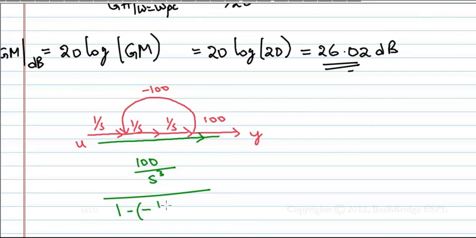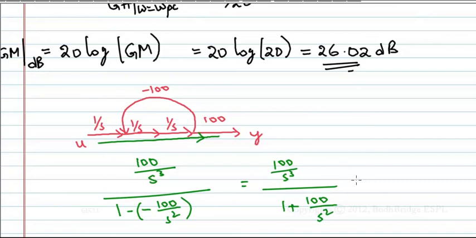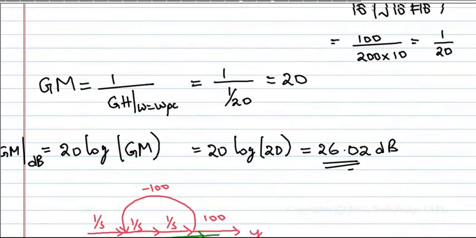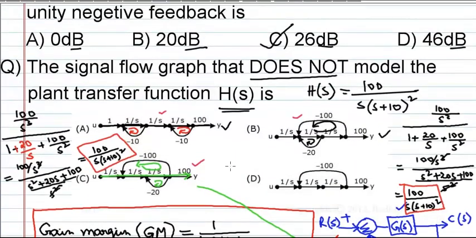There is only one individual loop, therefore minus 100 by s square. So this is 100 by s cube by 1 plus 100 by s square, which gives 100 by s into s square plus 100. Therefore this is not H of S, since H of S is 100 by s into s plus 10 whole square. So D is the correct option, as it does not satisfy H of S. You understood? It is just Mason's gain formula, the first chapter of control system.